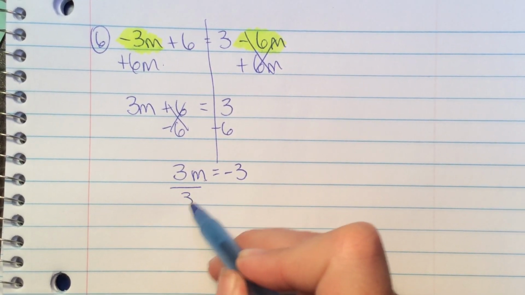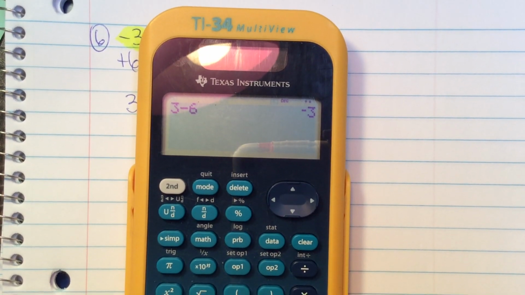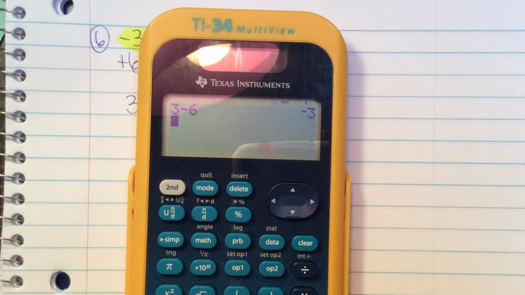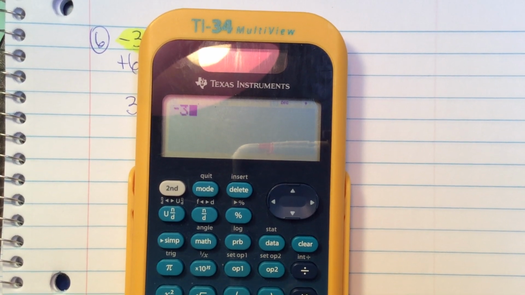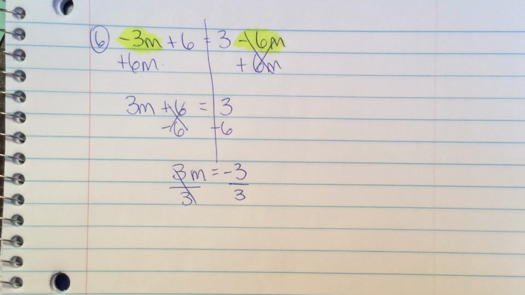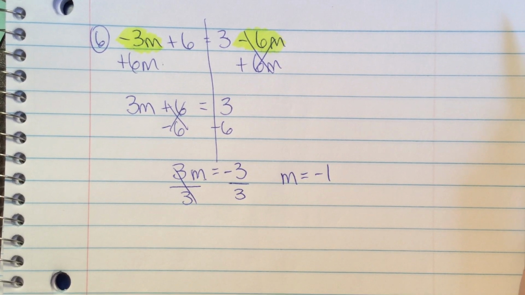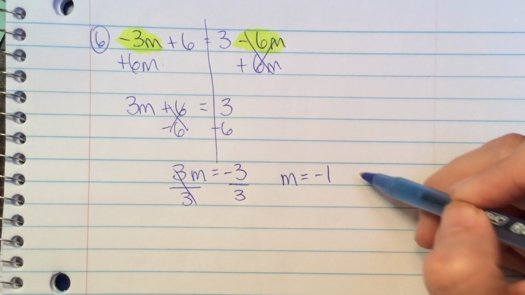Now I'm going to divide by 3. Negative 3 divided by 3, I'm going to get negative 1. And that's letter D.